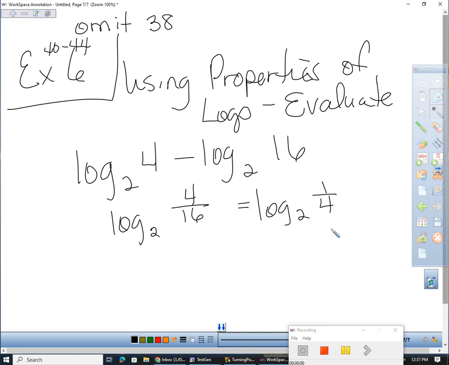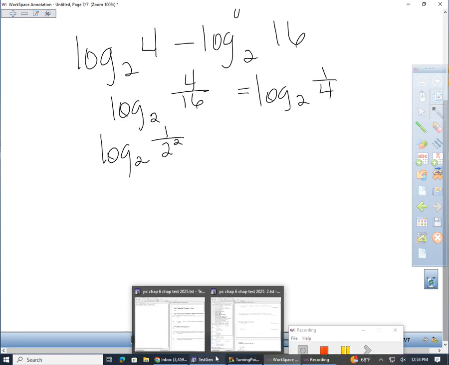Guys agree there? Okay. Now, 4 I can change into 2 squared. So I have log base 2 of 1/2 squared. Everybody still agree? Now, how do I move something with an exponent to the top? What can I do to my exponent so I can move it to the top of my fraction? Make it negative. Make it a negative exponent.